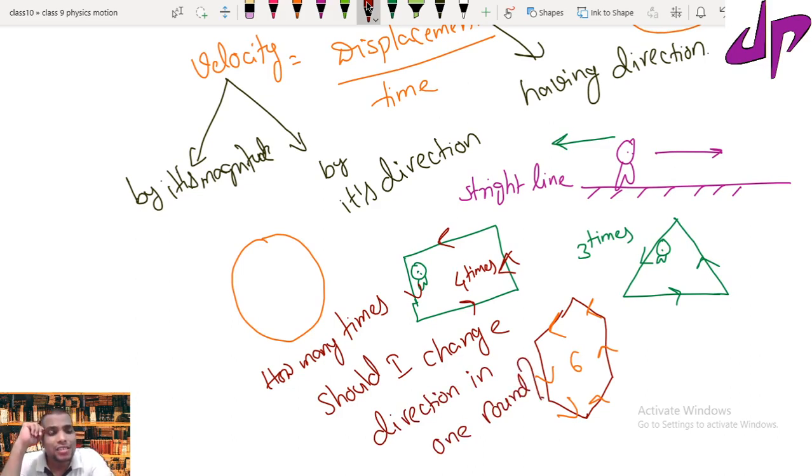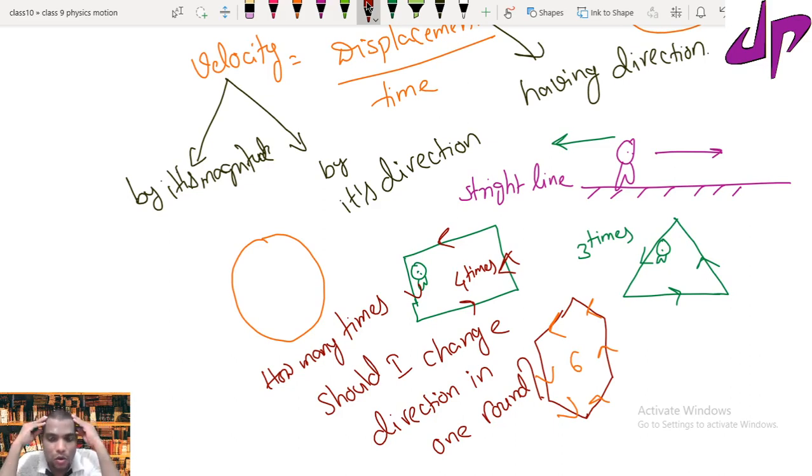To answer this question, if I know how many sides the circle has, then it's easy to answer. As we saw in the previous examples, if it's a square or rectangle, it has 4 sides, so I need to change direction 4 times. If it's a triangle, I need to change 3 times.